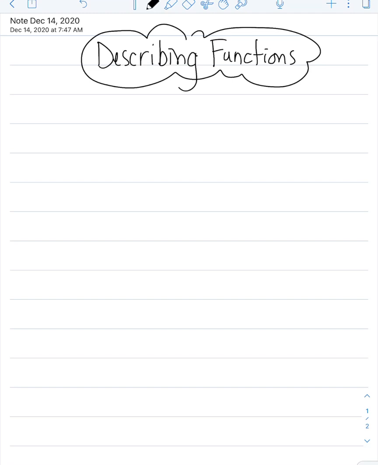The first graph, let's make it look like this. So, first of all, something can be linear or nonlinear, and bottom line, if it looks like a line, it is linear. So this is a linear function.